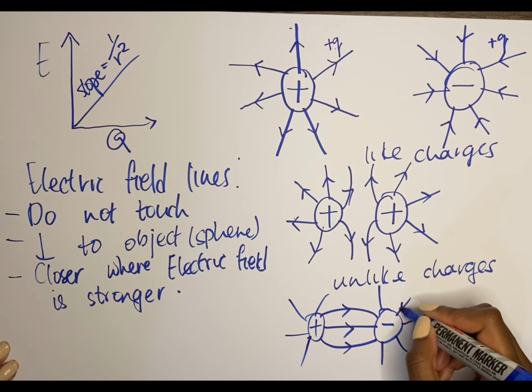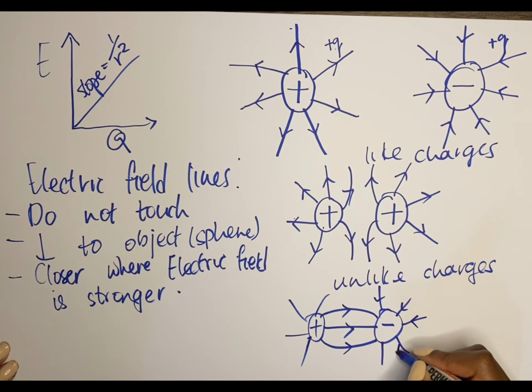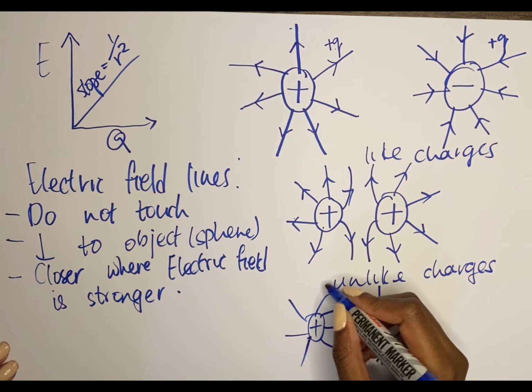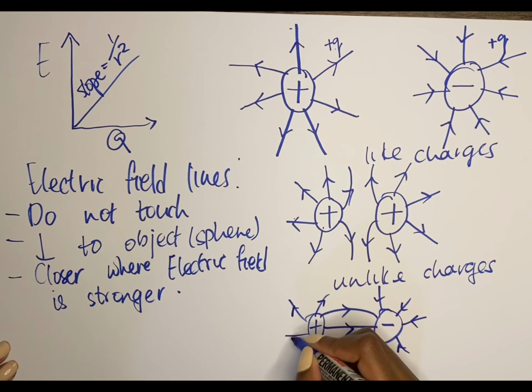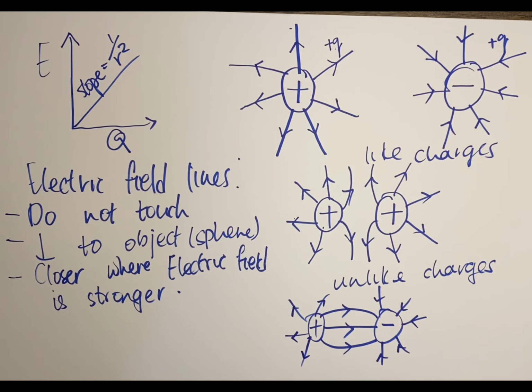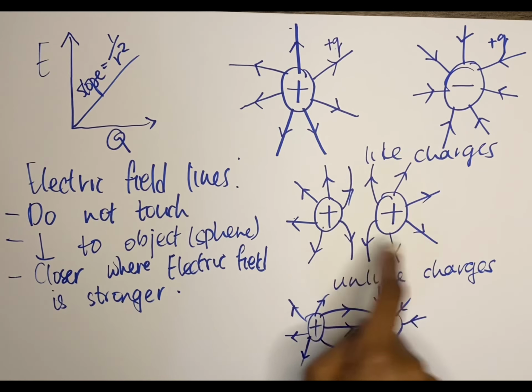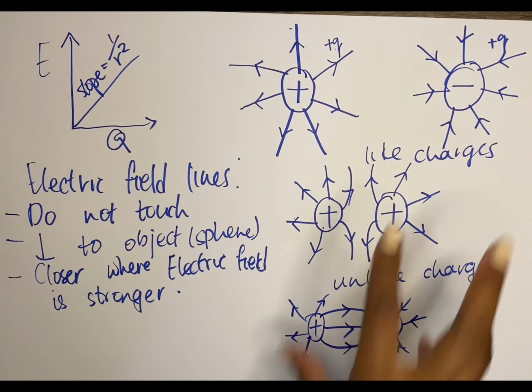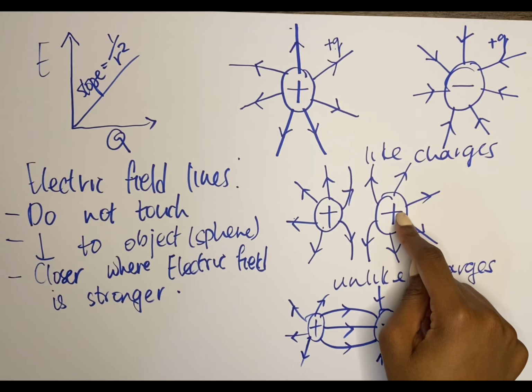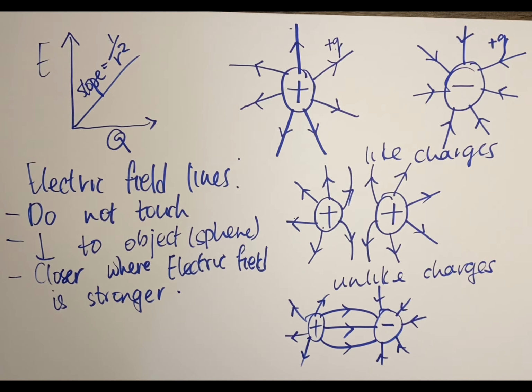From positive to negative. Like that, right? So if you had been asked for two negatively charged spheres, obviously the electric field pattern will be the same as this one, but now the difference is the arrows will be pointing inwards, right?